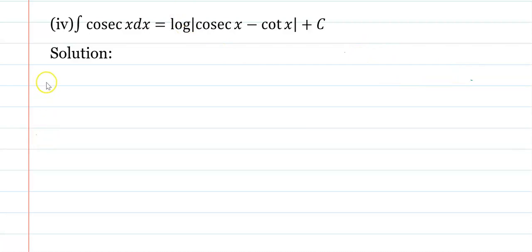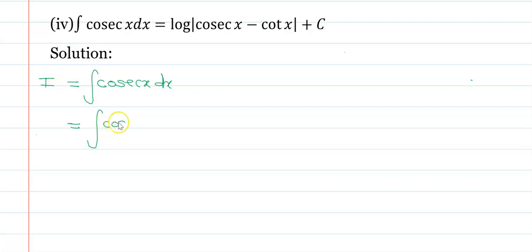Again here I is equal to integral of cosec x dx. Now note this step. What is that? Multiply the numerator and the denominator by cosec x minus cot x.